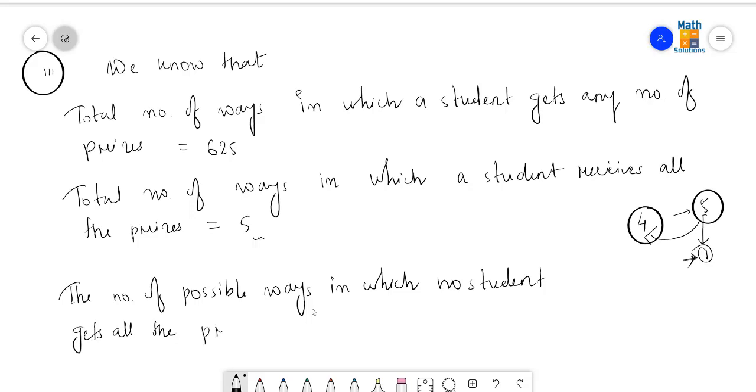Means in this case there should not be any one student who gets all the prizes, because there are only five possible ways in which a student can receive all the prizes.